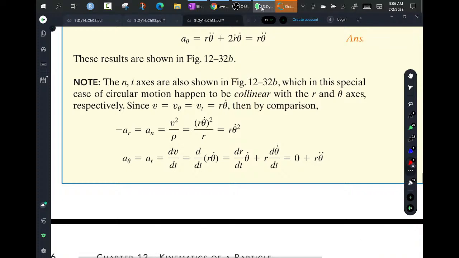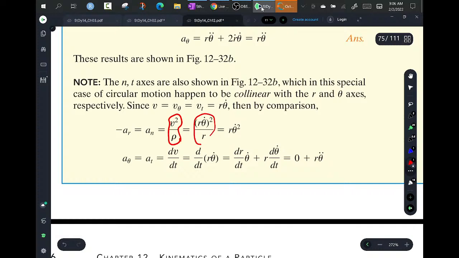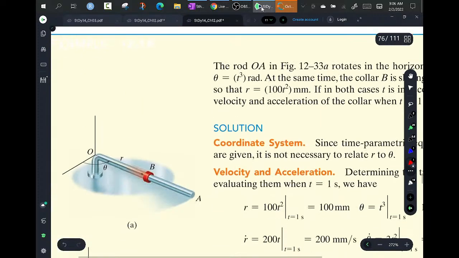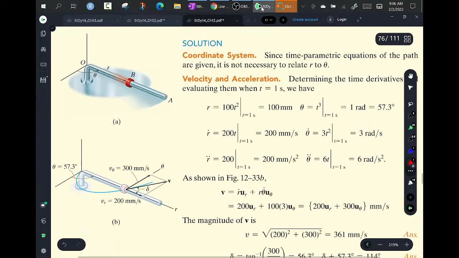He's going through proofs. Okay, so what he's going through is a little proof that I talked about before, that in fact these two terms are the same, and that the tangential acceleration is nothing more than that. So I thought he was doing an actual problem there.